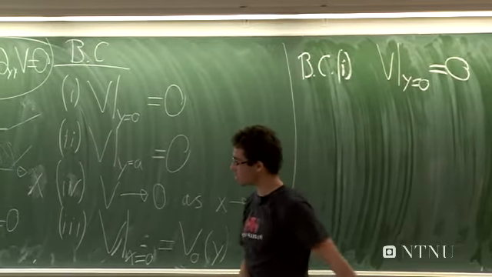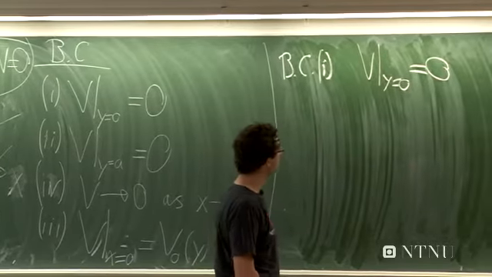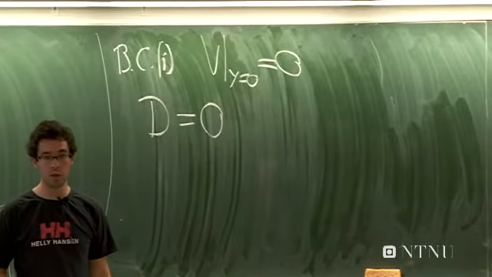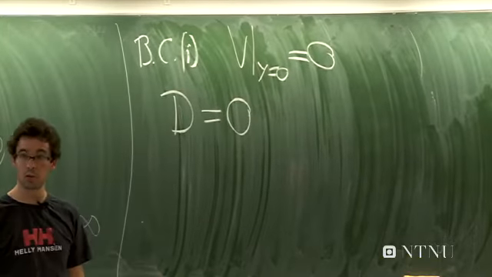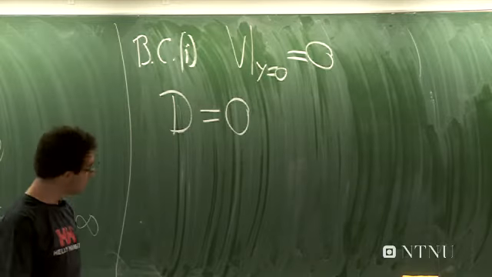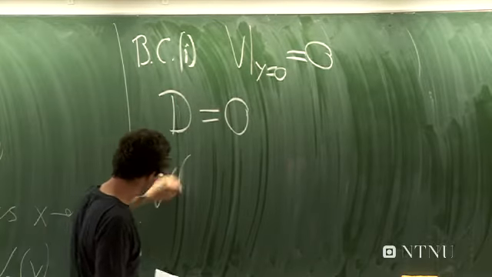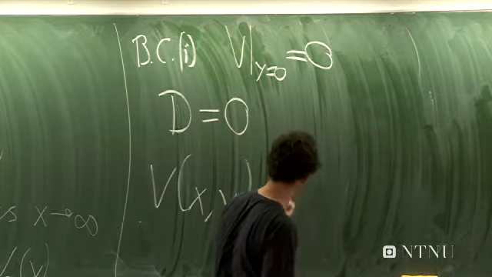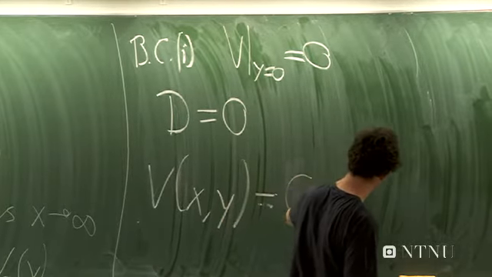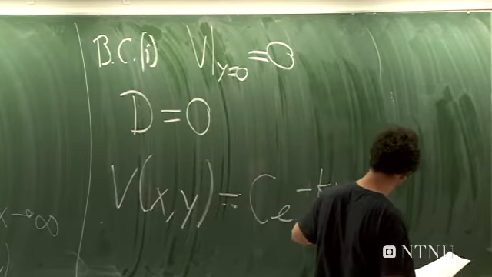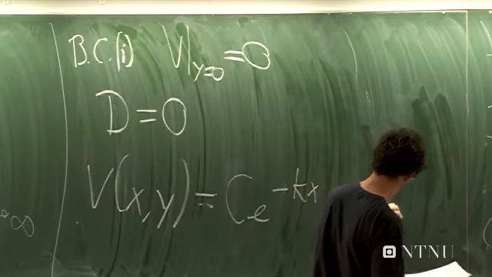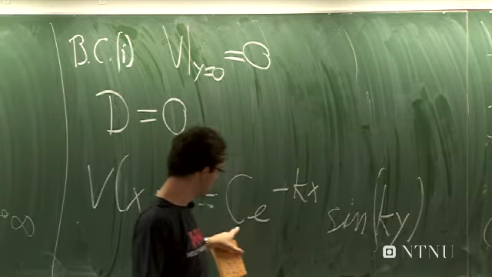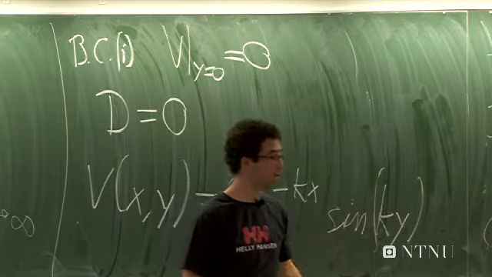So that means that I'm going to be stuck with D. So we have to have D equal to 0 to make sure that the potential is always 0. Okay? And now the potential is even simpler. Like this, and there's only one arbitrary constant, and this k to determine.